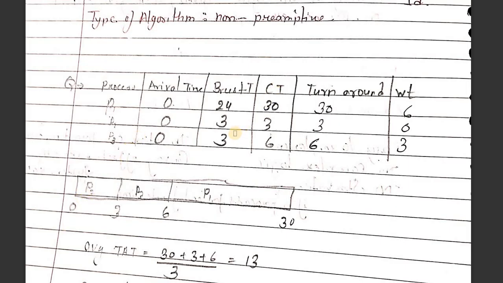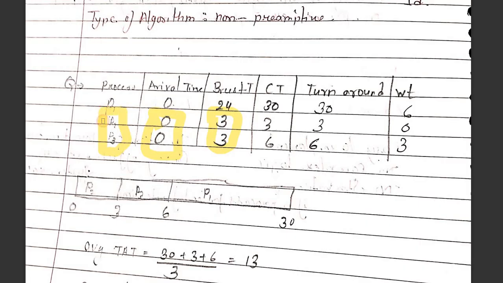So in SJF the process having lower burst time gets more priority. Here there are two processes having the same burst time, so we decide priority on the basis of arrival time, but the arrival time is also the same, so we use the process ID.